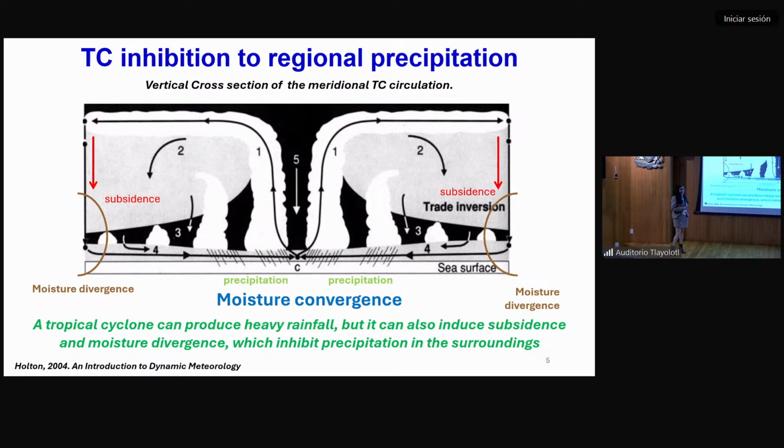A tropical cyclone can produce heavy rainfall, but it can also induce subsidence and moisture divergence, which inhibit precipitation in the surroundings. The air converges at the center of the tropical cyclone, then ascends and diverges at upper levels, and then causes subsidence and moisture divergence.